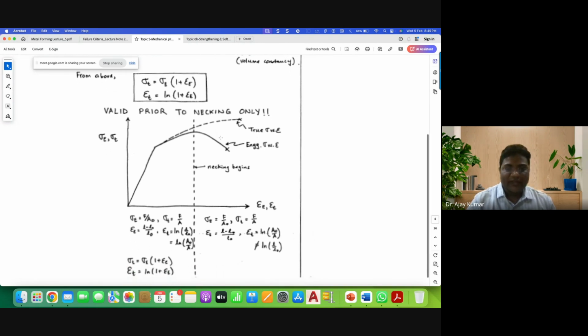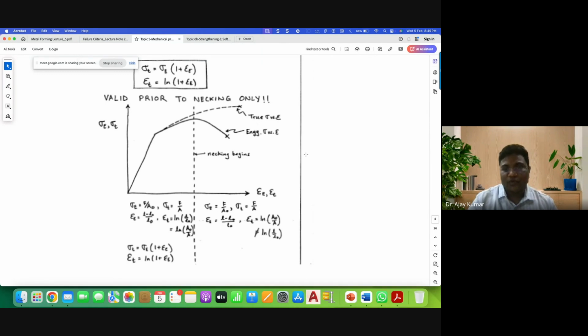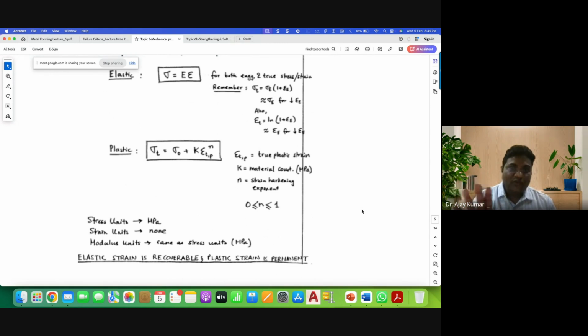Okay, they are all the basic relationships and equations. Most of you are teaching this, and some of you are students, and most of you will be using these equations and doing the test. So, elastic and plastic, this is very important.